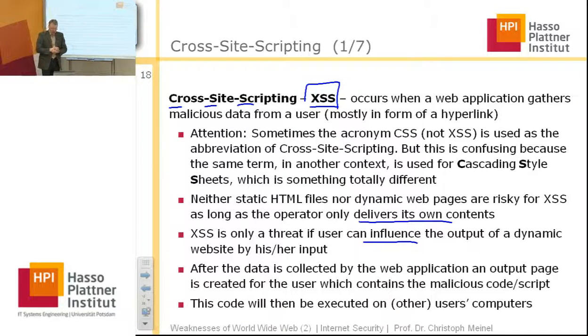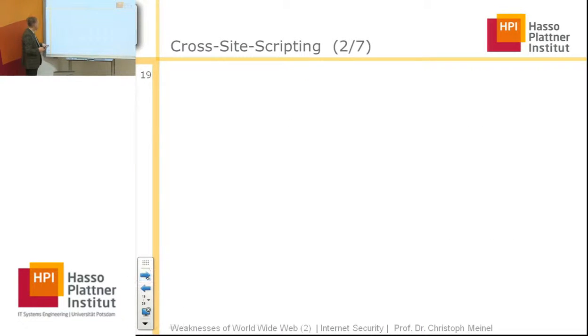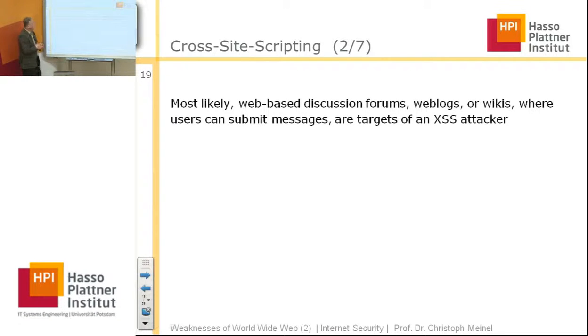And then this code will be executed on the user's computer, on the side of the client. Most likely, the web-based discussion forums or weblogs or wikis where users can submit messages are targets of such cross-site scripting attacks. These are web pages where a user creates content: discussion forums, weblogs, wikis.